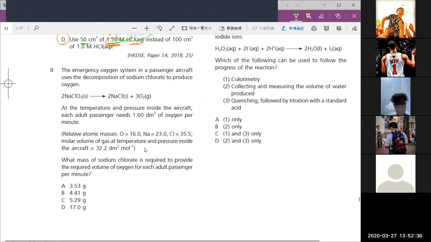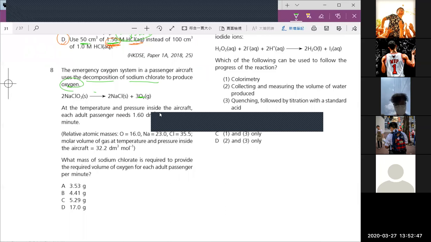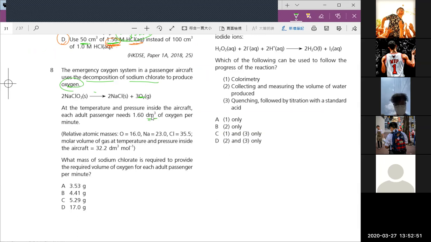The emergency oxygen system in a passenger aircraft uses the decomposition of sodium chlorate to produce oxygen. So temperature and pressure inside the craft. Each adult passenger needs 1.60 dm³ of oxygen per minute. The question is, what mass of sodium chlorate is required to produce the required volume of oxygen for each adult passenger per minute?